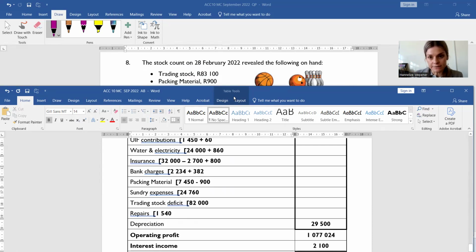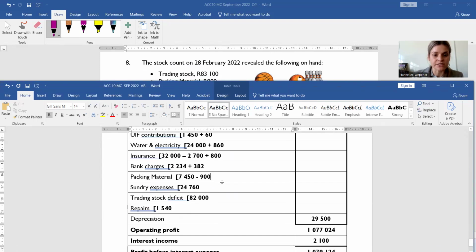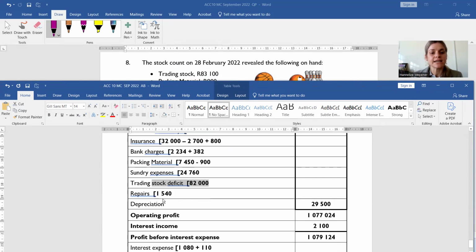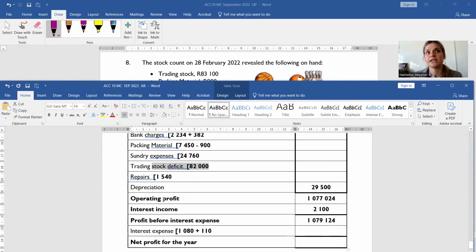Then trading stock. So trading stock count revealed 83,100 in your physical stock count. So if you look at your SOCI, they didn't tell you you have trading stock of X amount. They told you you have a trading stock deficit of 82,000 Rand.